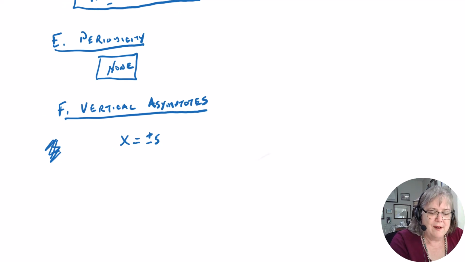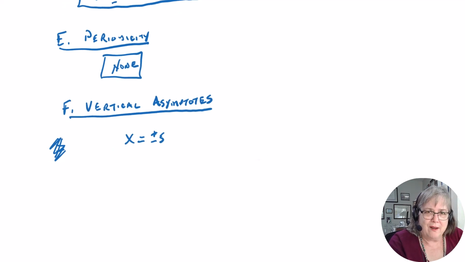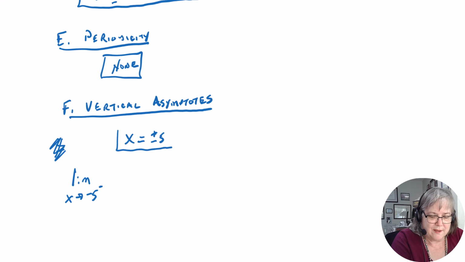So one of the things was if we found a vertical asymptote, we were going to talk about the limits. So here we go. So what's the limit as x approaches negative 5 from the left of x over x squared minus 25?